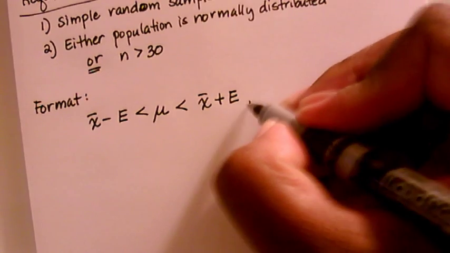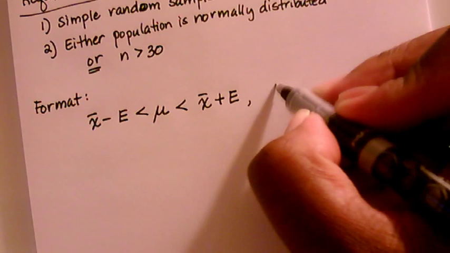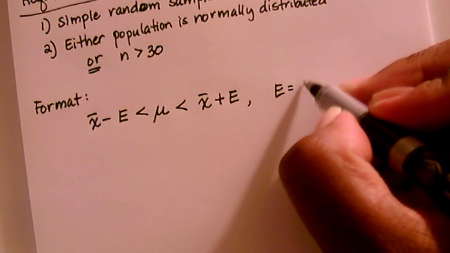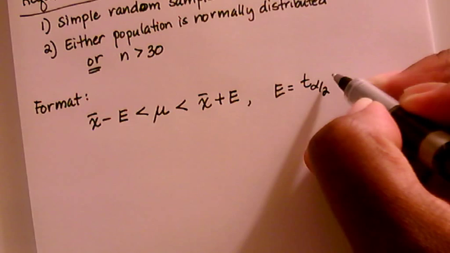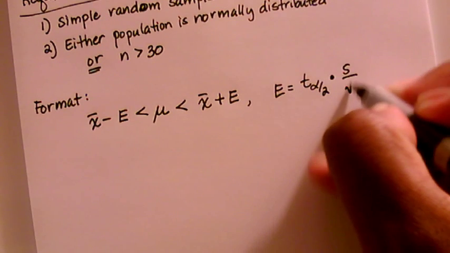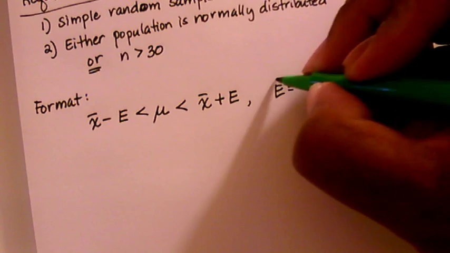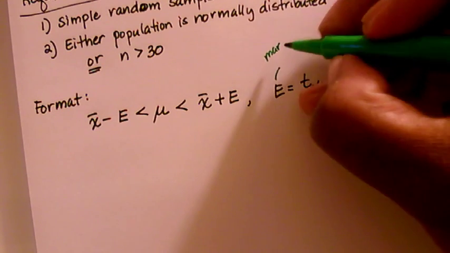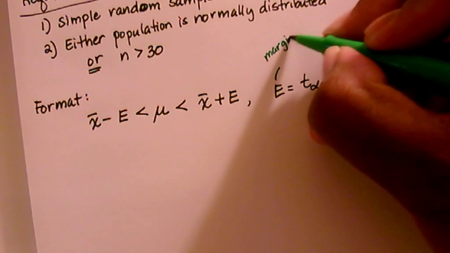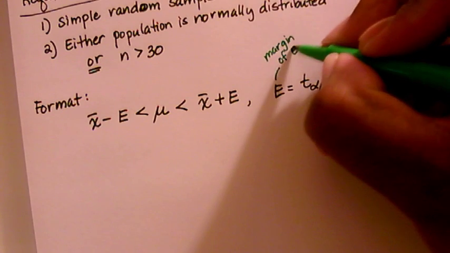Now in this case, your margin of error is this: t of alpha over 2 multiplied by s divided by the square root of n. That's going to be your format. You already know x bar is your sample mean, and E, if you recall in the other video for the confidence interval estimate for your proportion, that's your margin of error.